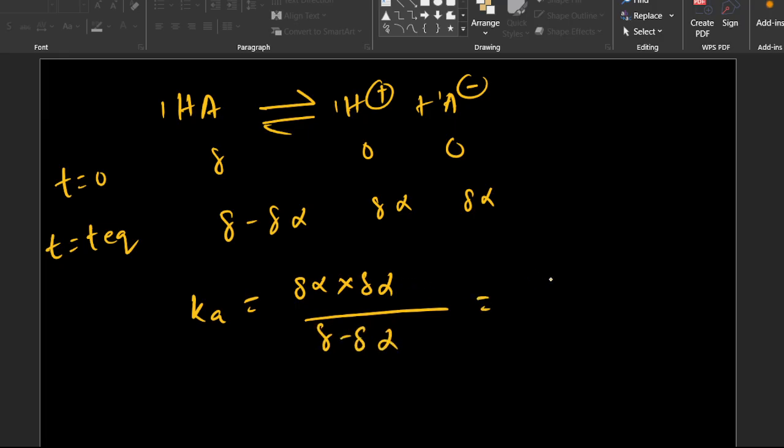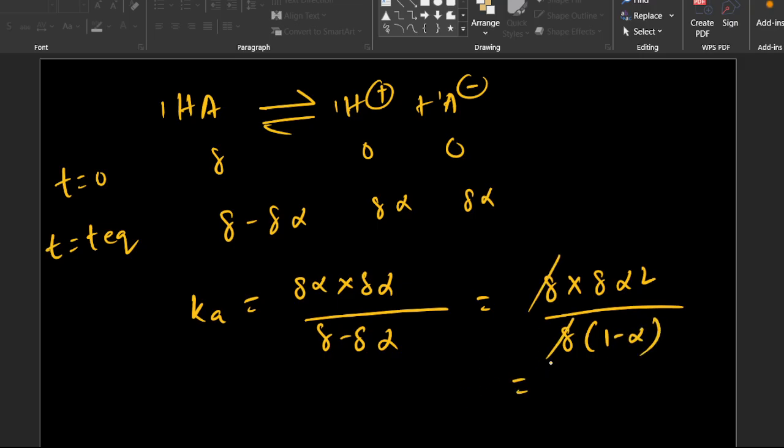So this becomes C alpha square over 1 minus alpha.